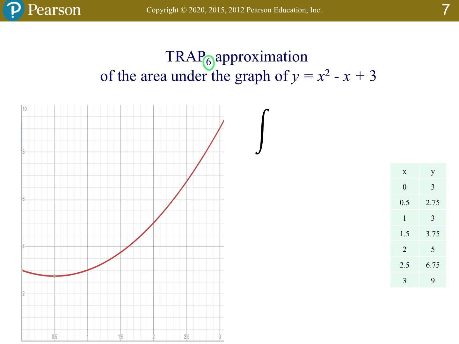Okay, so let's fill out the values of this integral. Looking at the table, it tells me I'm working along the x-axis, starting at 0 and ending at 3. So when I write this, I'll be 0 to 3. The function is the parabola, and so in parentheses, you always put that function. We put the formula that the table and the graph are giving for us.